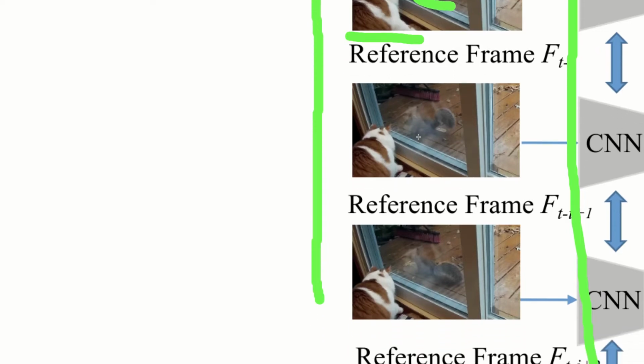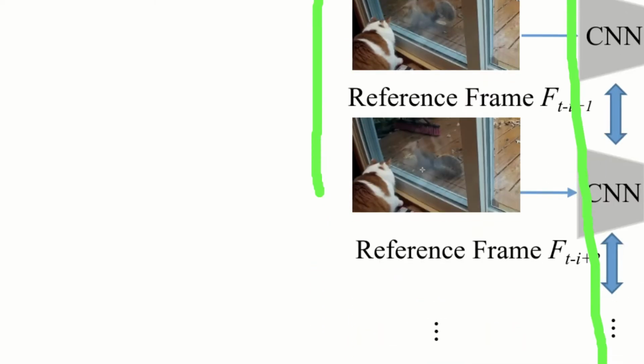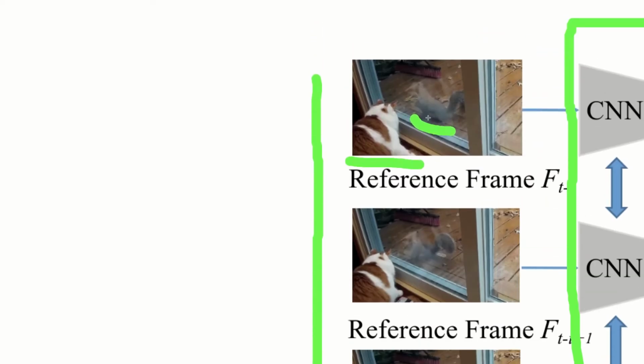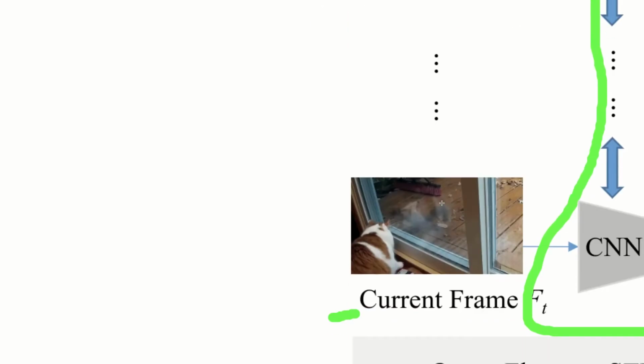And you see that this is quite easy to detect in each frame, but you see at the end, at this current frame T, that we have a combination of two problems here. One problem is that we have an overlapping image of this mirrored cat in this glass, and also we have a somewhat blurred squirrel.